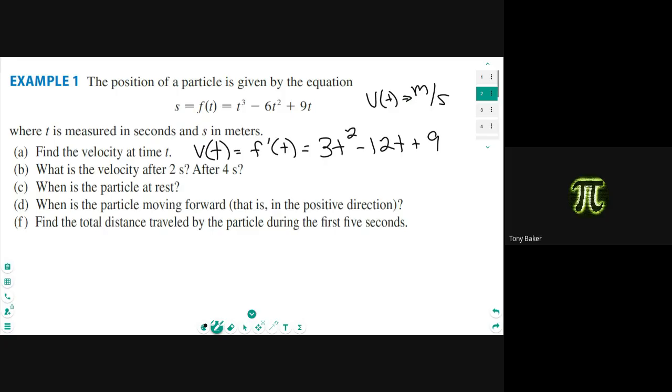All right. So what's the velocity after 2 seconds, or technically at 2 seconds? How would we do that? Let's plug in 2.